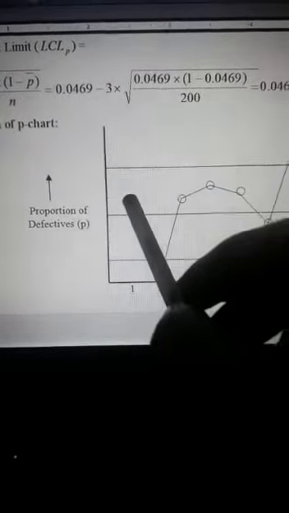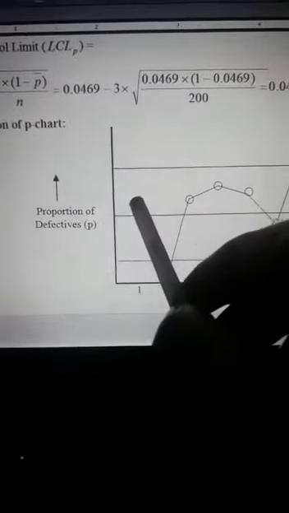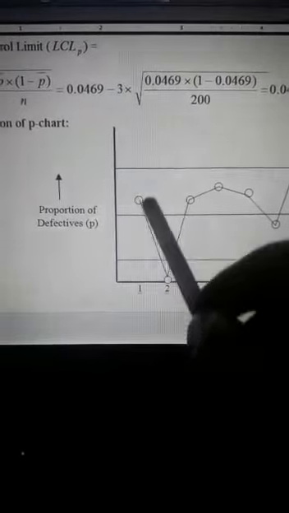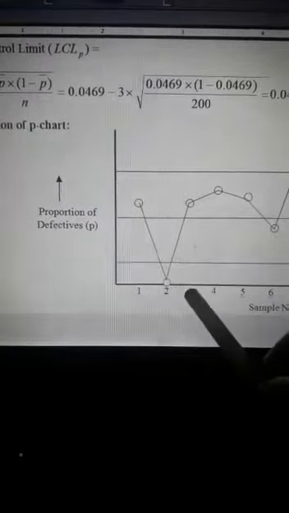And against each sample number, I have plotted the p value, that is the proportion of defective value. For sample number 1, this is the p value. For sample number 2, this is the p value. For sample number 3, this one is the p value, and so on.